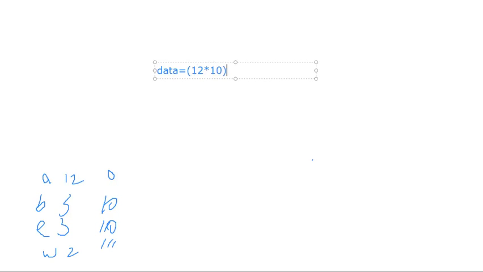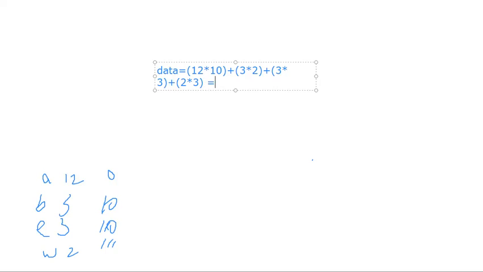It's for A. And for B, the frequency is 3 and the number of bits is 2, that is 1 and 0. For E, the frequency is 3 and the bits are 1, 1 and 0, which is 3. And for W, the frequency is 2 and the number of bits is 111, which is 3.